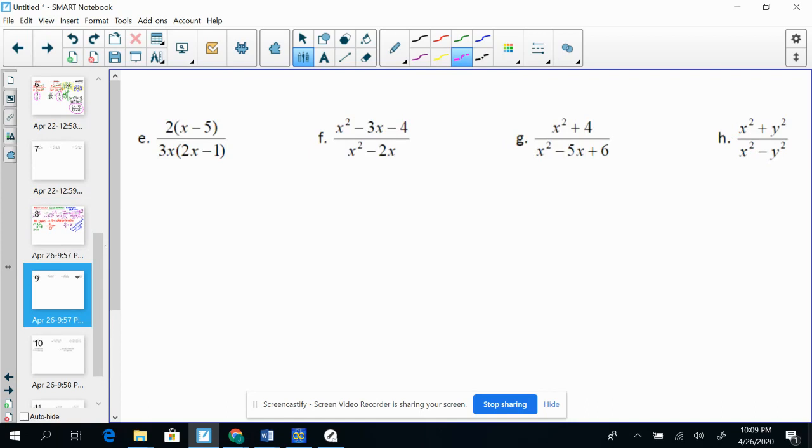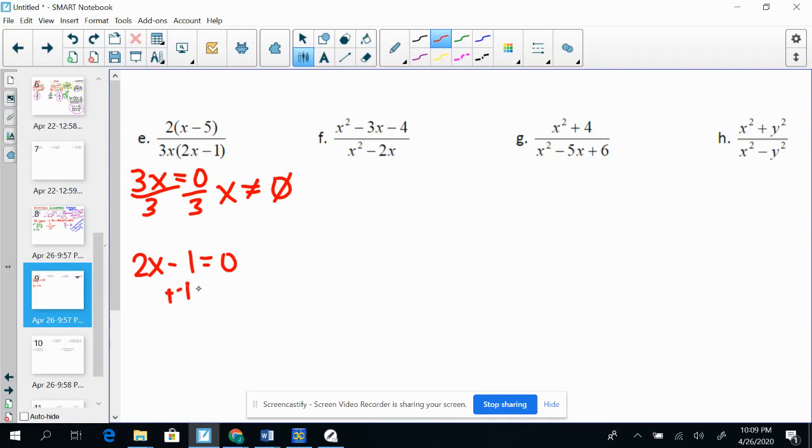All right, so look at number 9, or page 9 in our plethora of rationals. This first example, again, is already factored out for us, so nothing crosses out at this point. So we're just going to take our denominator. 3x is one of the factors, set it equal to 0. And then 2x minus 1, set it equal to 0. Pause your video, figure out what the two restricted values are. So we're going to divide both sides by 3, so x cannot equal 0.